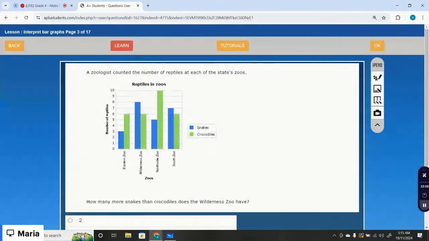A zoologist counted the number of reptiles at each of the exhibits of the state zoo. How many more snakes than crocodiles does the Wilderness Zoo have?